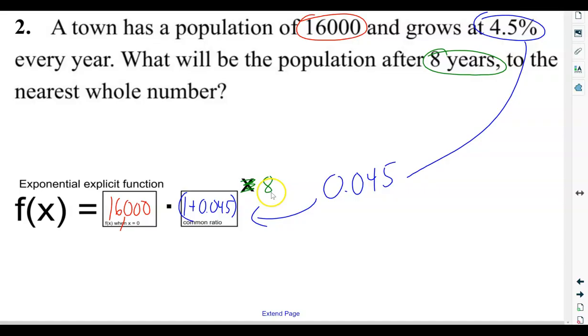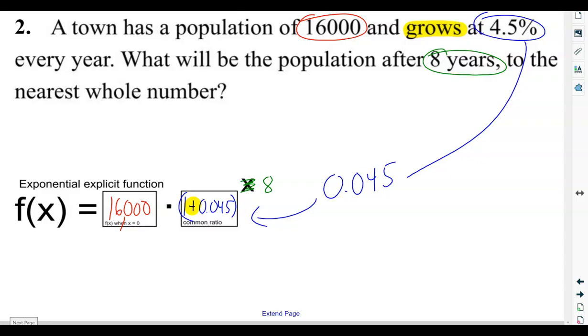And then we raise it to the 8th power. The reason we're adding is because it says grow. So since it's going up, we're going to add. 16,000, open parentheses.